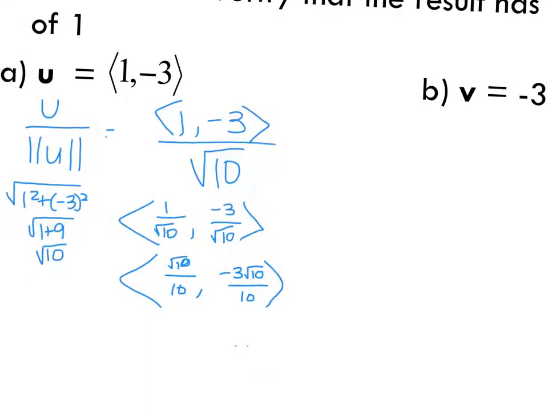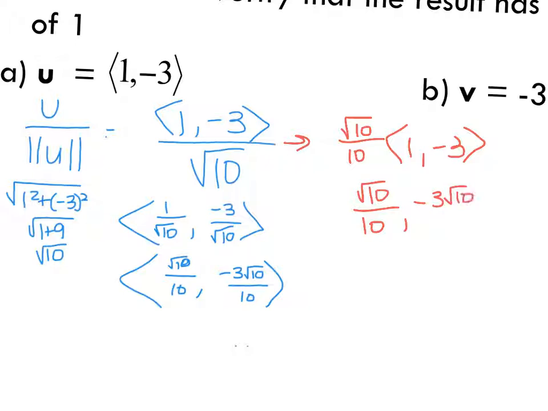The order does not matter how you do that. So if I were to do that, 1 over root 10 would be root 10 over 10, and then I'd multiply that in as though it's the scalar times 1, negative 3. Either way, I'd get root 10 over 10 and negative 3 root 10 over 10. So that's a unit vector in the same direction.